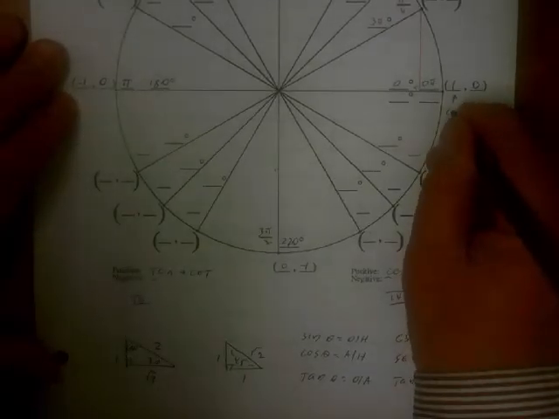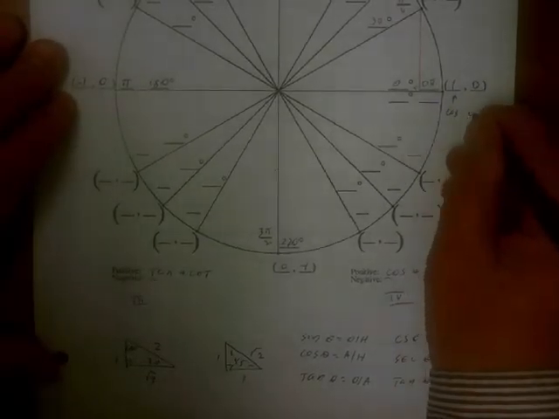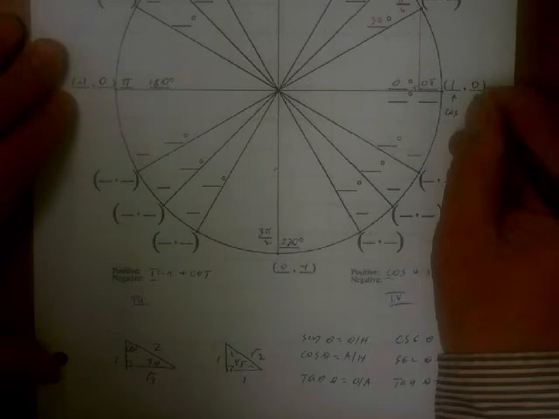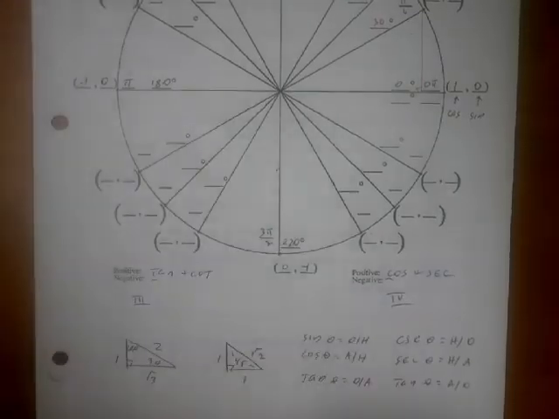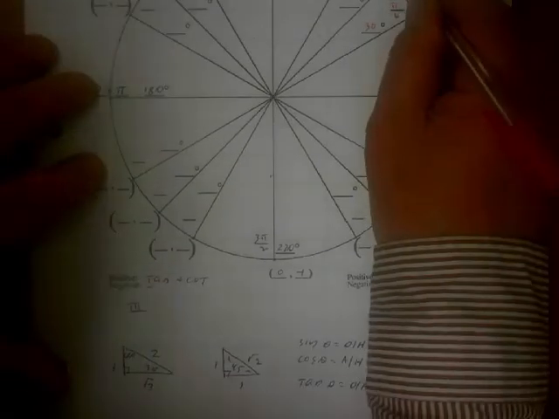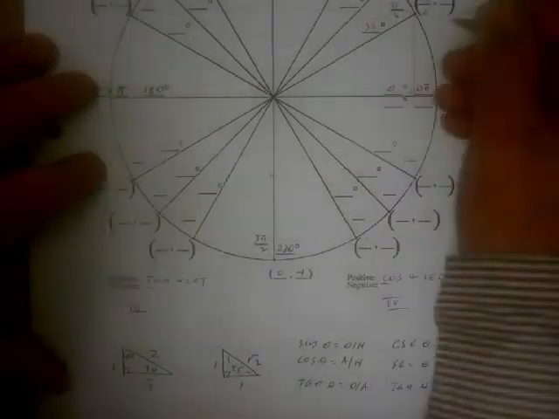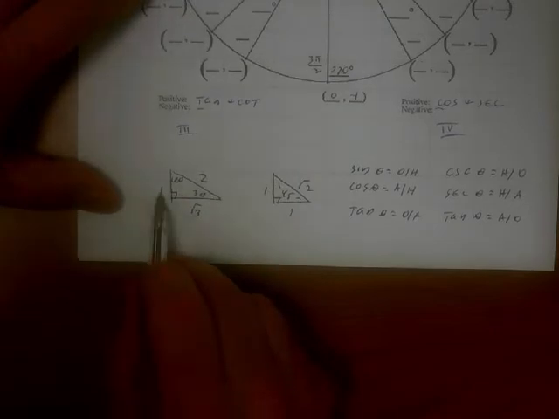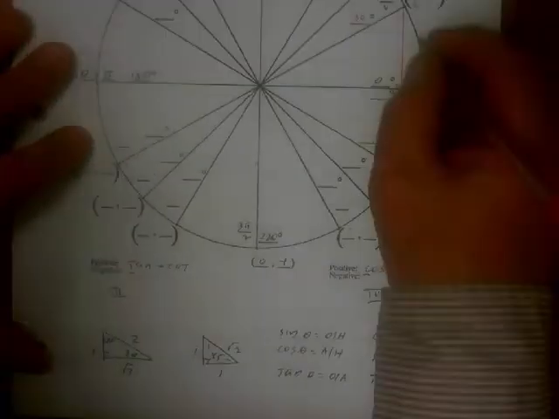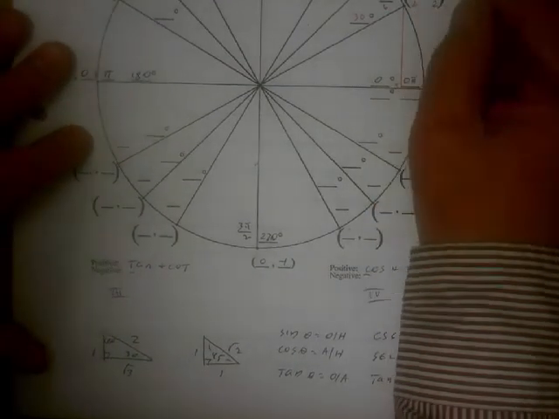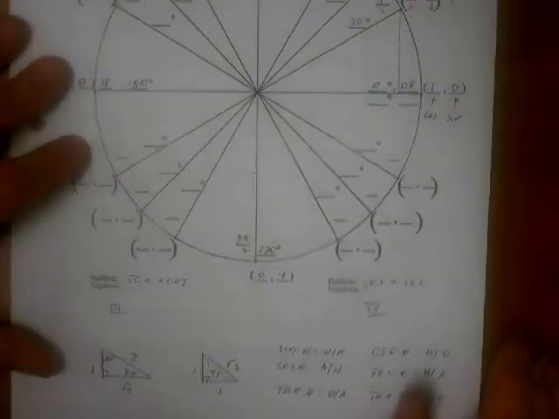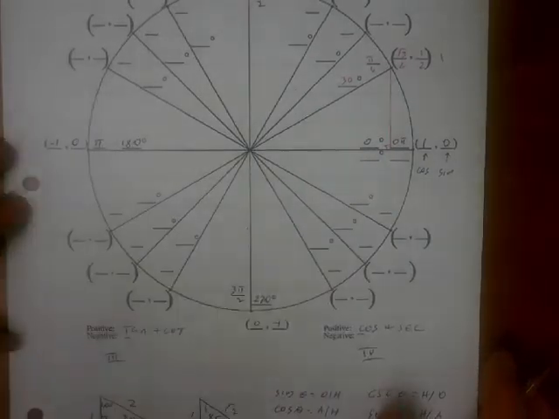Back up real quick. Remember, that's cosine and this is sine. The cosine of 30 degrees is root 3 over 2, adjacent over hypotenuse. The sine of 30 degrees is 1/2, opposite over hypotenuse. Tangent is 1.